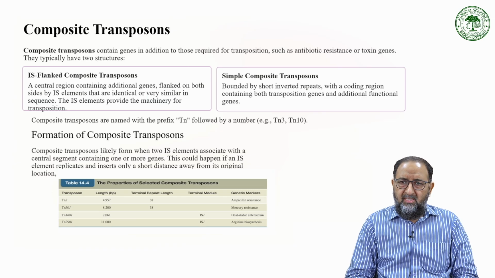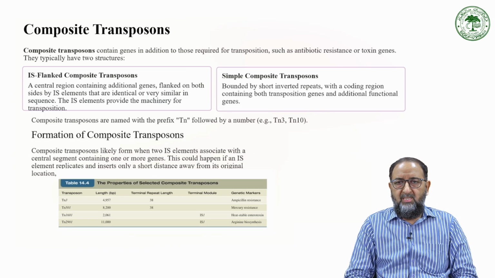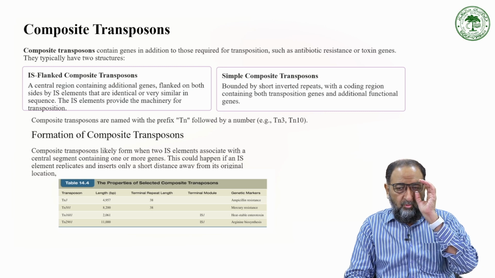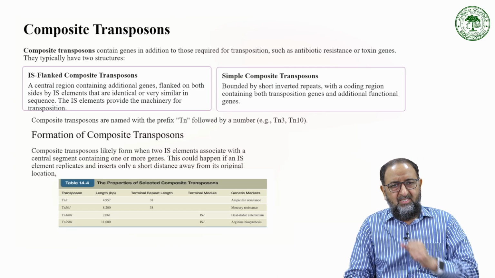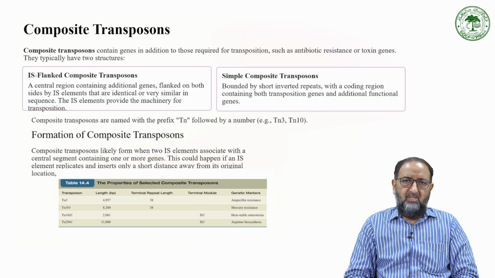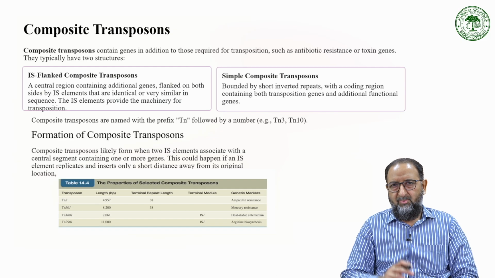Now, the simple composite transposons are those bounded by short inverted repeats, with coding regions containing both transposition genes and additional functional genes. So no IS element is present, but the simple inverted repeats are present, because ultimately it is not the IS element but the inverted repeats that are required. But when an IS element is present, it has a transposition-encoding gene, that is the transposase gene, which helps in transposition.